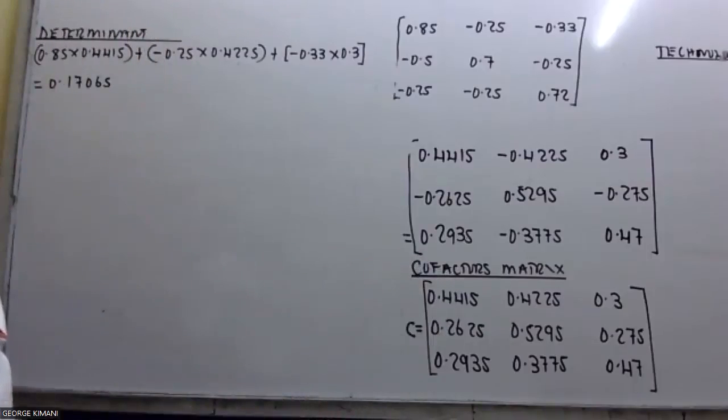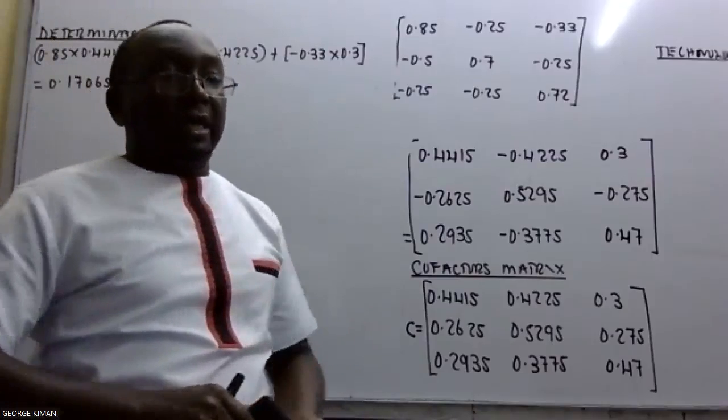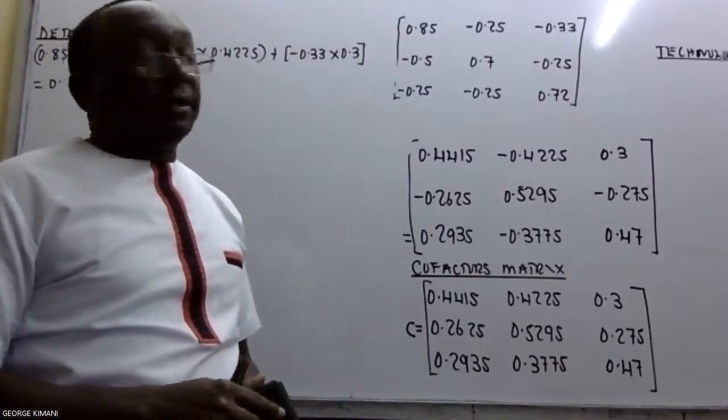Oh, yeah, I'm getting the same 176.5. That's another check. If they disagree, ujue kuna mahali ulipotea.